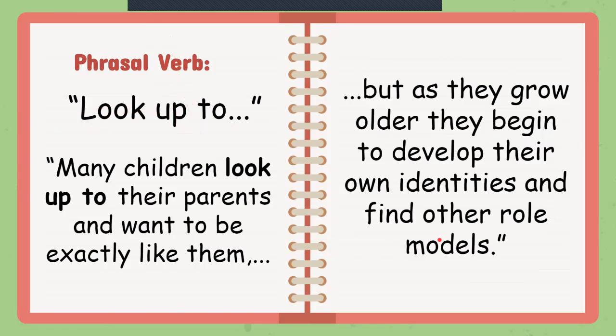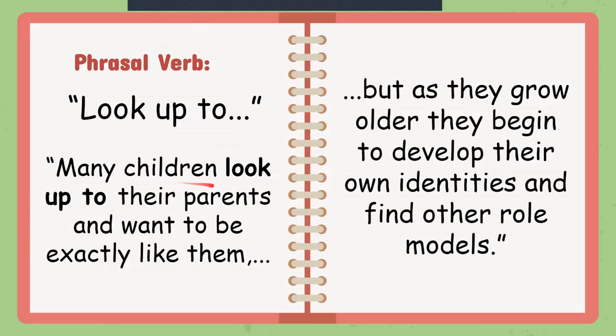Here is an example of look up to in a sentence. Many children look up to their parents and want to be exactly like them. But as they grow older, they begin to develop their own identities and find other role models.